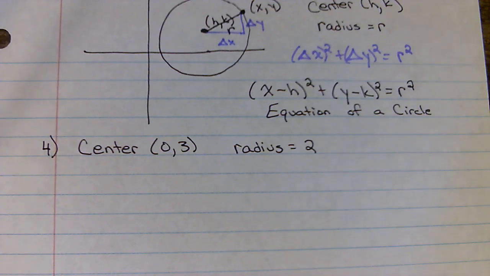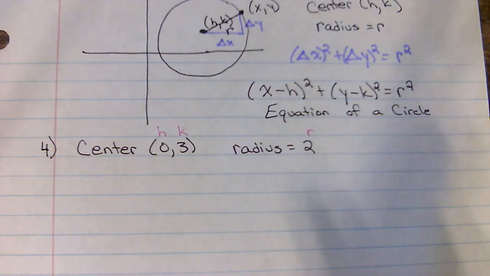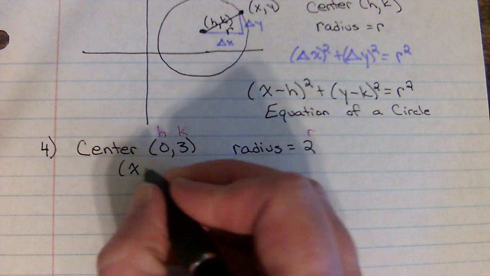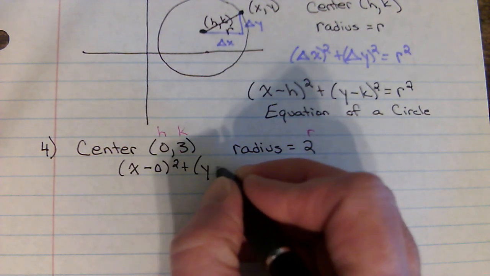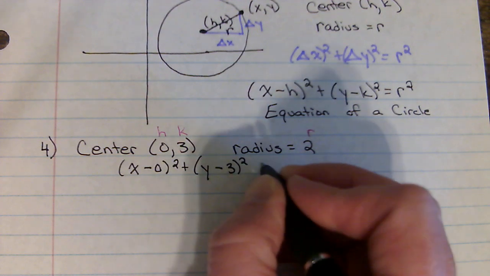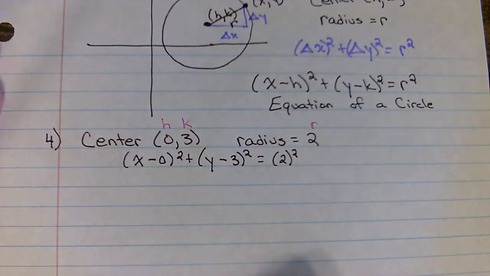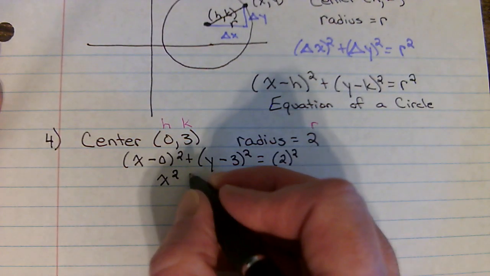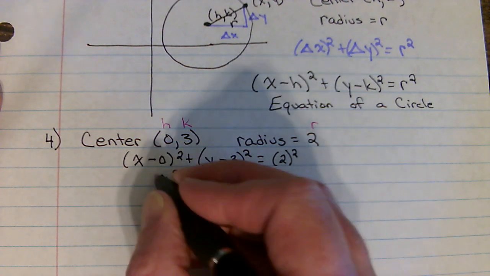Well, in this equation, the center goes in as h and k, and the radius is r. So x minus 0 squared, then y minus 3 squared equals the radius squared. I can clean that up a little bit. That's just x squared, plus (y minus 3) squared equals 4.